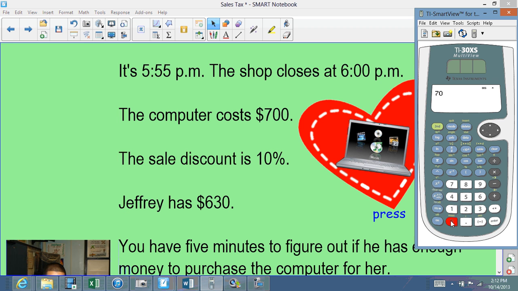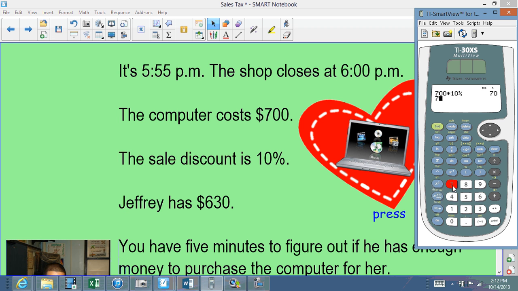So $700 times 10%. And that will give us the discount of $70. So the savings would be $70 that they would save off the cost of the computer.